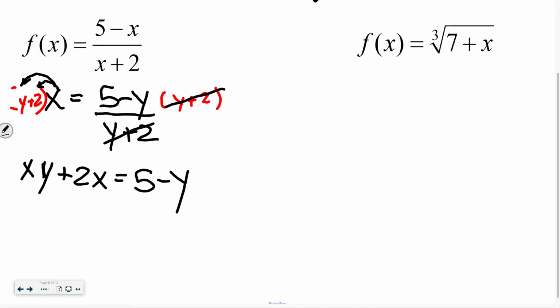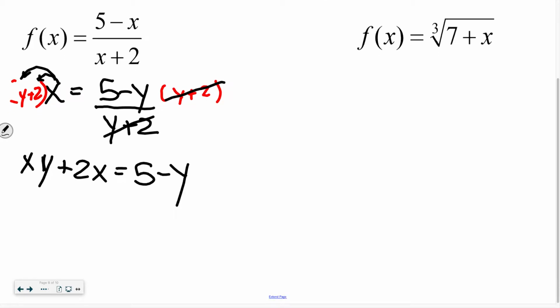Okay. Now again, reset your goal. We are trying to solve for y's. When we multiplied both sides by y plus 2, like Lexi told us, and we distributed, we now have y on the left and we have y on the right. You can't solve for a variable when it's on different sides of an equation, right?